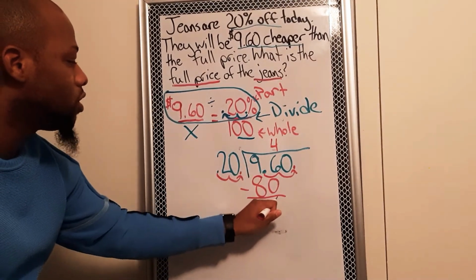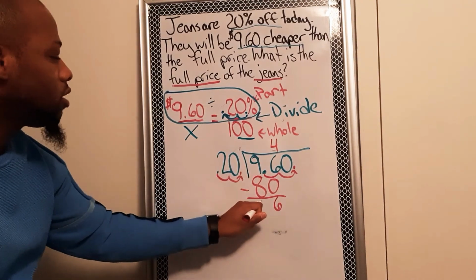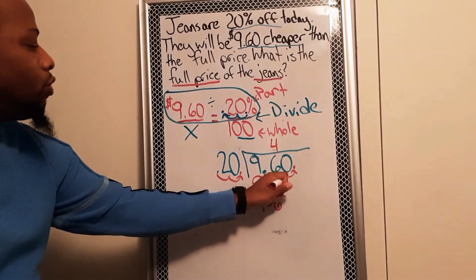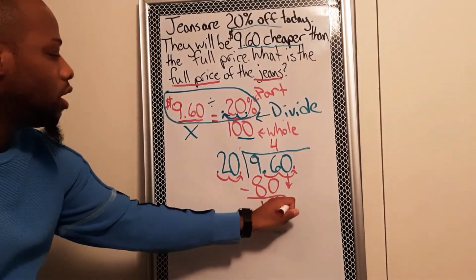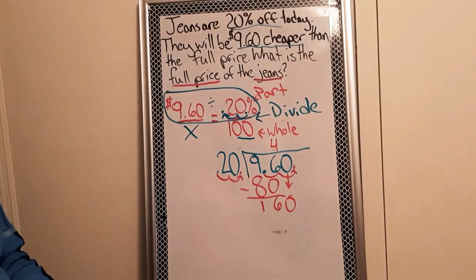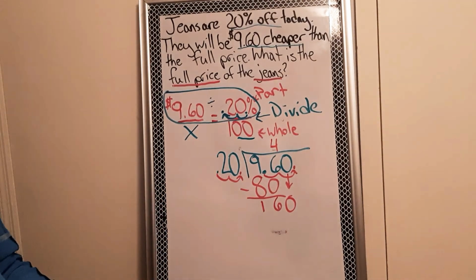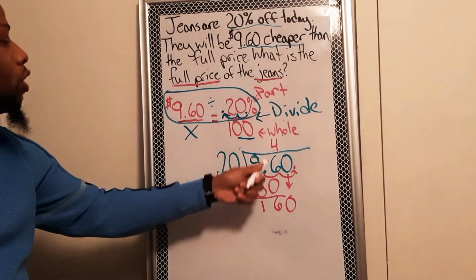6 minus 0 is 6. 9 minus 8 is 1. So now I have 16. Then I bring down my other 0, and I have 160. How many times can I get 20 from 160? Well, I know that 20 times 4 gives me 80.